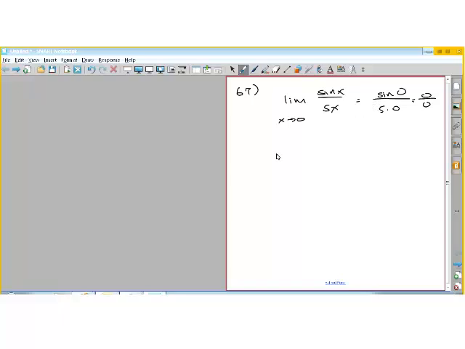So the squeeze theorem has two parts. One says the limit as x approaches 0 of the sine of x over x is equal to 1. That's because as x goes to 0, the sine of x approaches x.